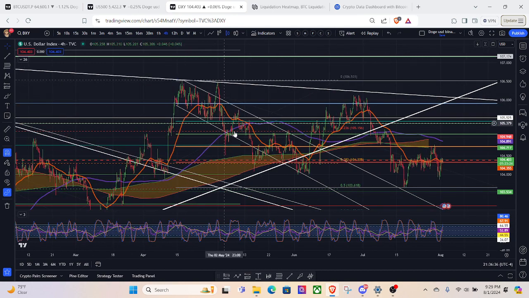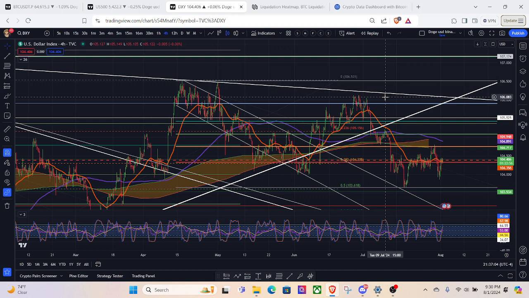Now, it has been rather strong, from, let's say, the beginning of June until the end of June. It was rather strong and in an uptrend. So that means that other assets that are valued in the US dollar are going to have a hard time gaining value because what they're priced in is the US dollar, which is gaining value.